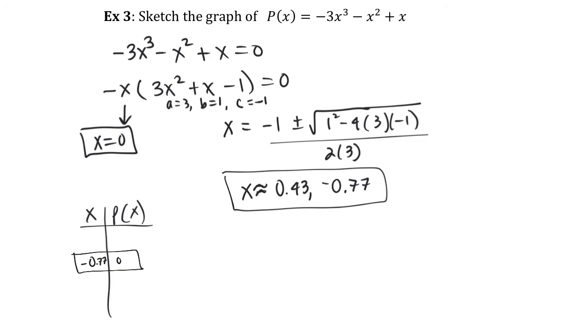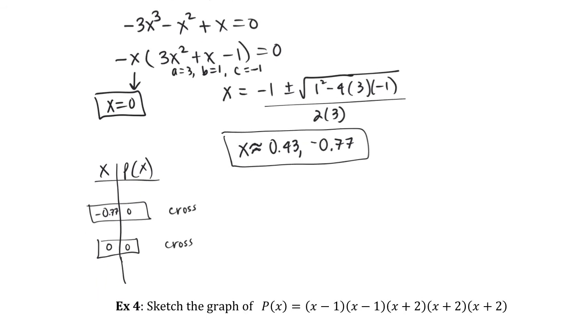That only happens once, so the multiplicity of that is 1, which tells me it's a cross. Okay, at 0, that's another x-intercept, and that is also a cross point because that only happens once. Okay, and then our other one is at 0.43, and that is also a cross point.